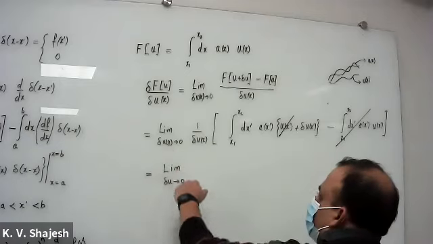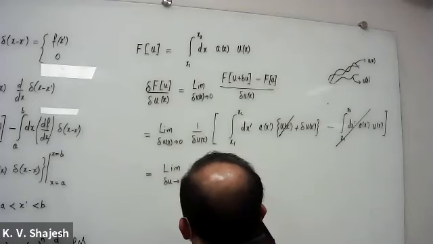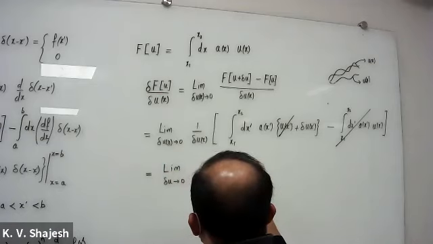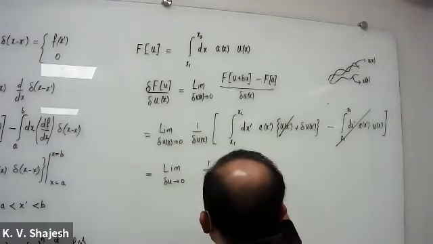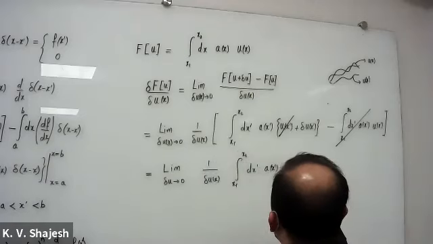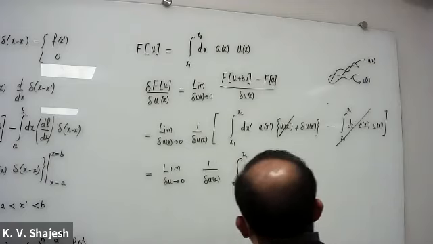Like this is delta u x if you want. And that is 1 over delta u x, integral from x1 to x2, x prime, a of x prime, and delta u x prime. That's it.